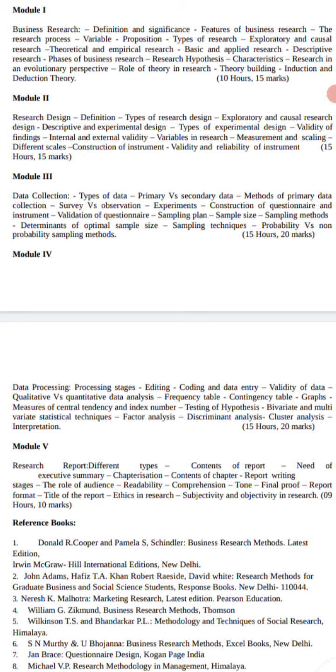Again, module 2 comprises research design, definition, types of research design, exploratory and causal research design, the descriptive experimental design, types of experimental design, then validity of findings, internal and external validity, variables in research, measurement and scaling, different scales, construction of instruments, validity and reliability of instruments. So the second module is about research design.